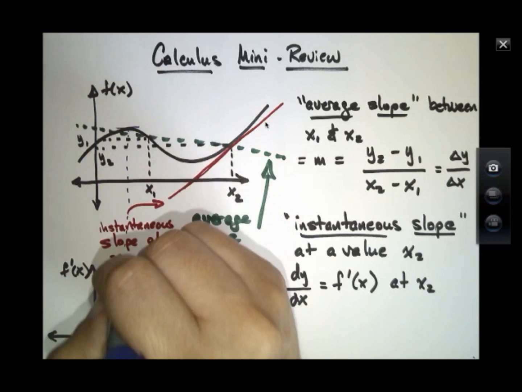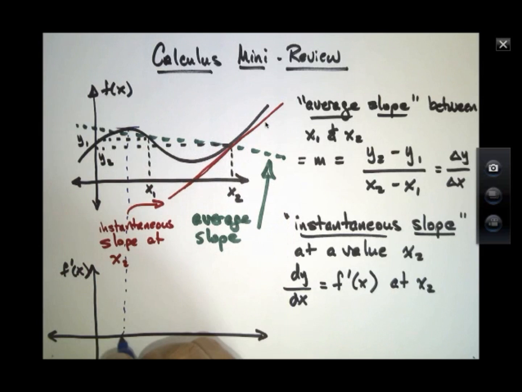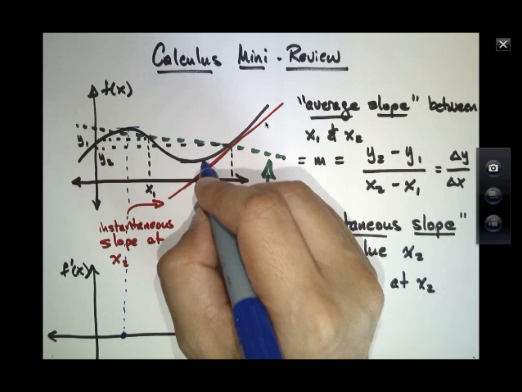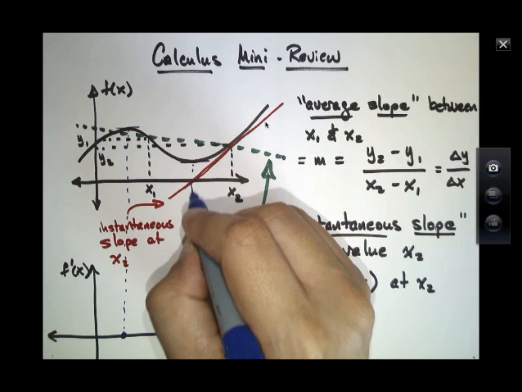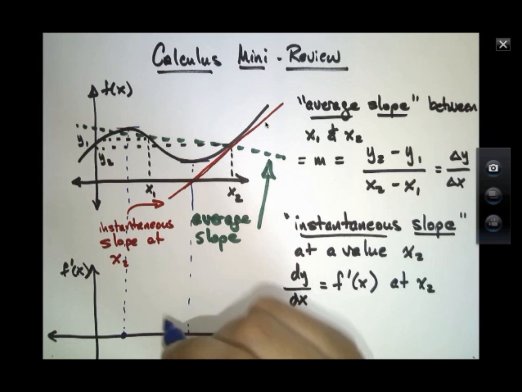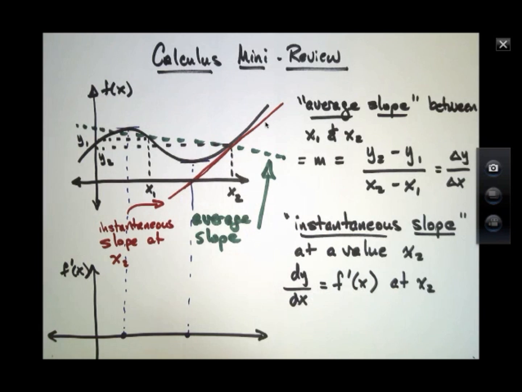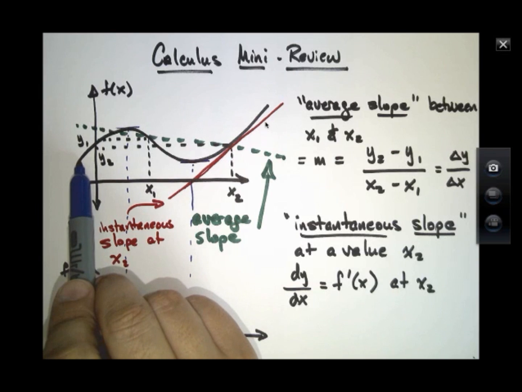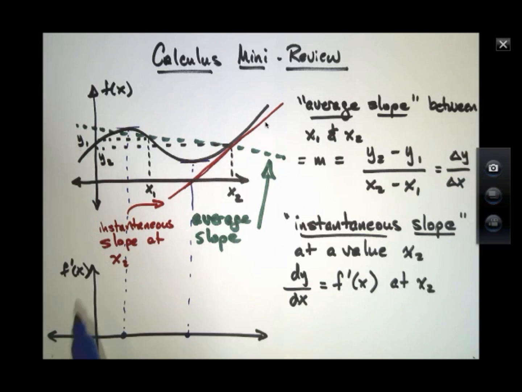So I want to come down, and I'm going to know that the derivative goes through 0 right there. By the same token, the tangent line here is horizontal, and so the derivative should be going through 0 right there. What is it doing elsewhere? Well, if I were to draw a tangent line to the function anywhere along this side, it would be a positive number.